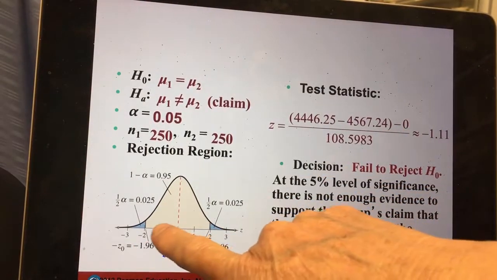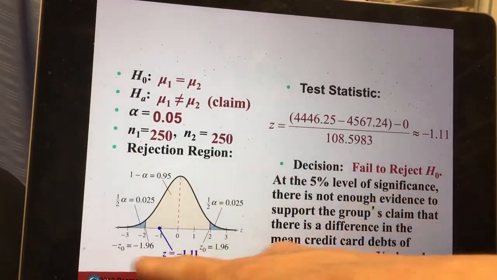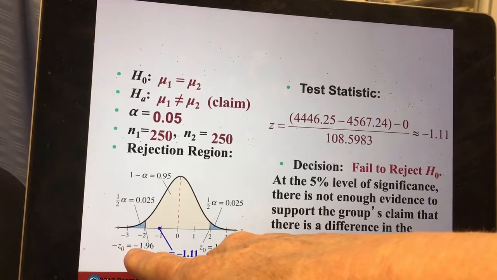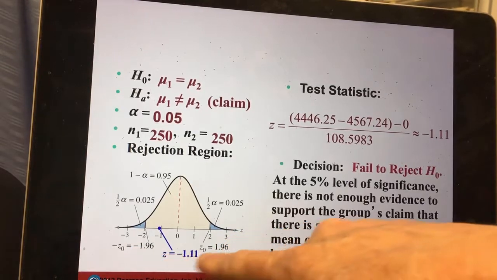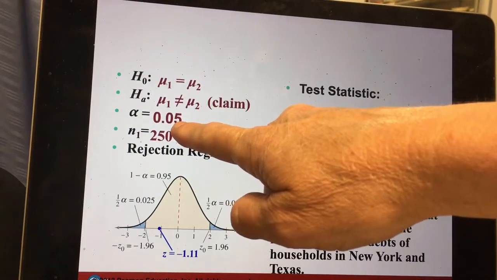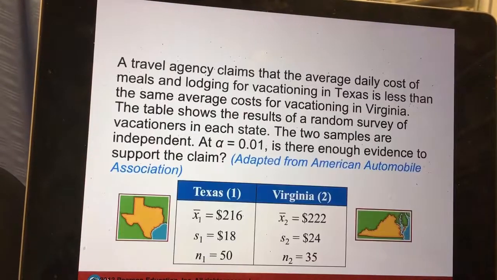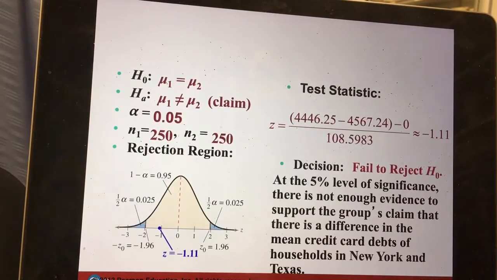It is definitely within this non-remarkable range here, and our negative 1.96 is our 0.05 confidence level for the z-score, which we can get from our critical value chart, and that one is pretty much done. We could do that again on our technology.